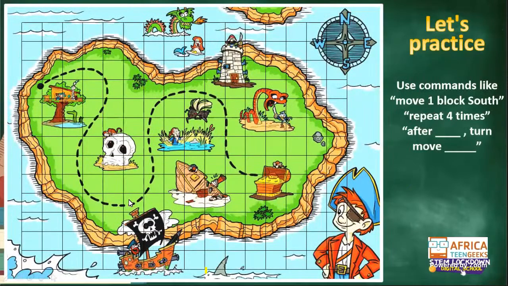Right, here we have our map again today. I call this my picture map. And I am going to ask you only one question before we move on to our lesson. Now, can you see the mermaid up there? I'm going to put a red dot on her. There's the mermaid, right?